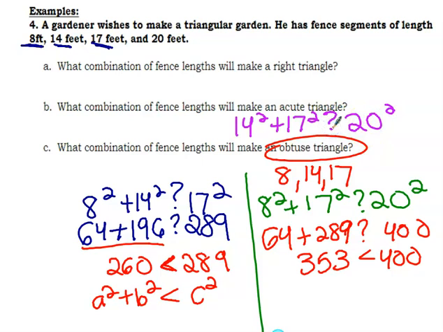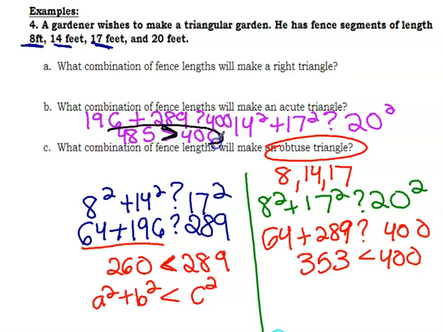Okay, so 14 squared is 196, 17 squared is 289, and let's see if that's greater than 400. So 196 plus 289. That's 485. So 485, yes, that is greater than 400.